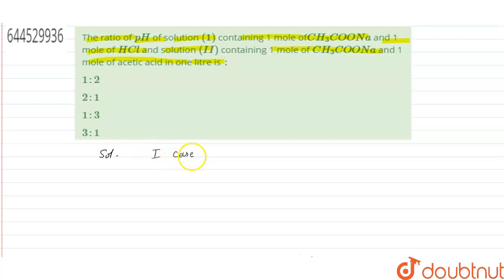When we are considering the first case, we are provided with sodium acetate, that is CH3COONa, which is reacting with the HCl. So what would be the reaction here? We will get acetic acid, that is CH3COOH, along with NaCl. We can consider that 1 mole is given in both the cases.